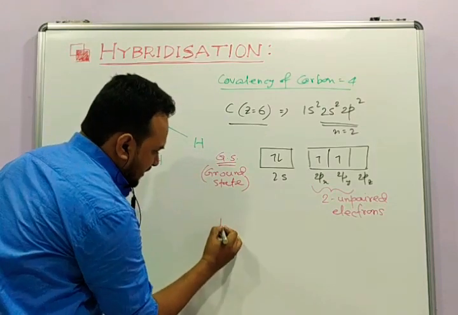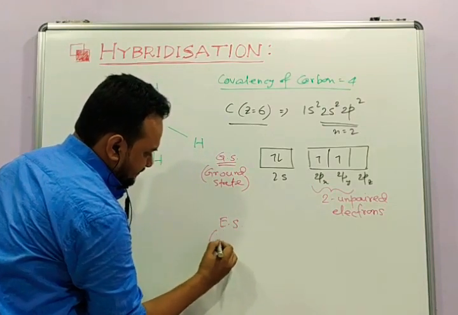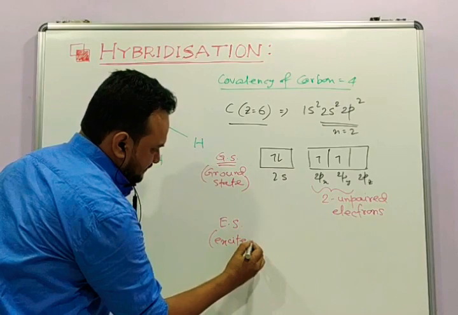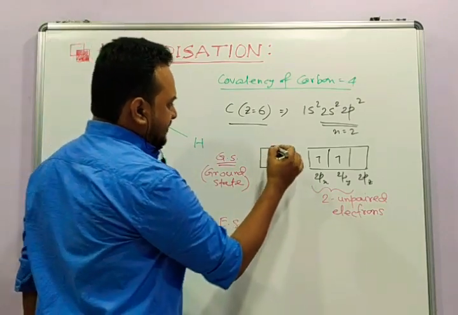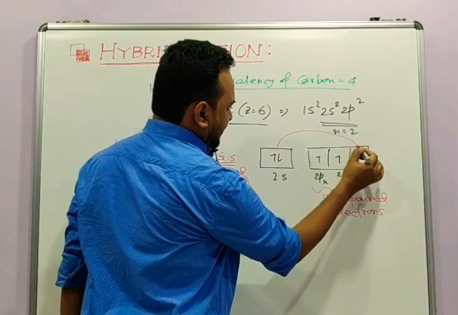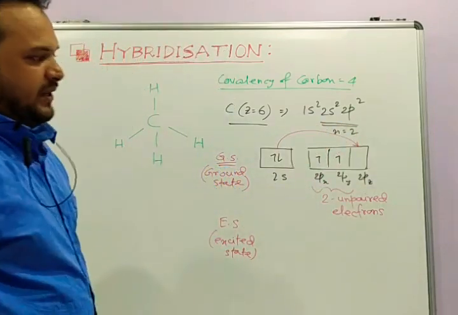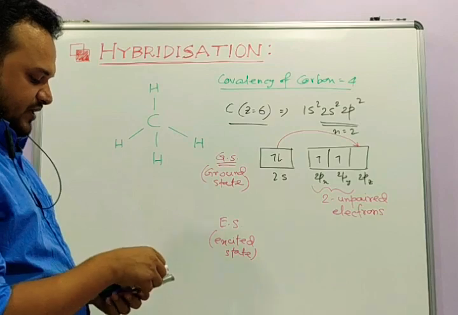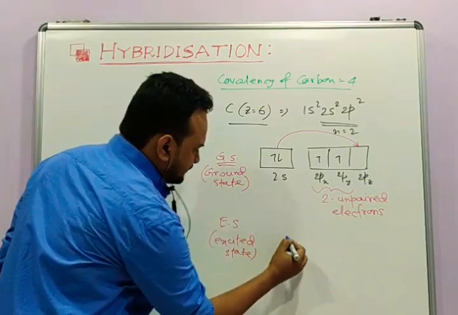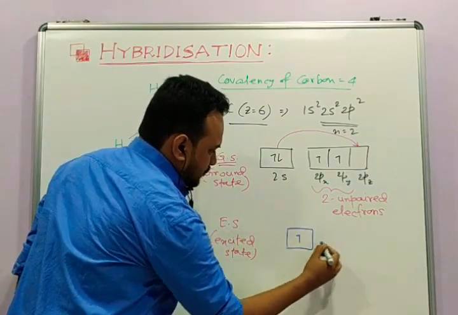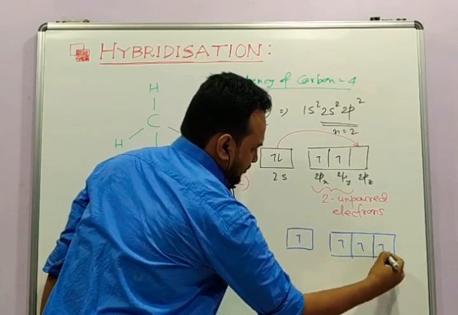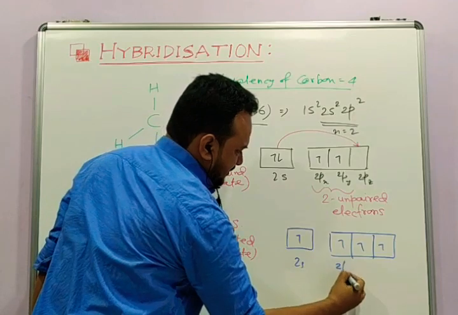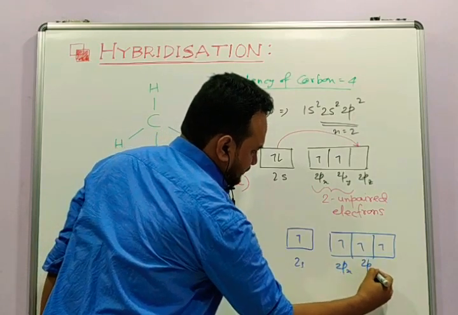In the excited state, one of the 2s electrons is promoted to the 2pz orbital, and the configuration becomes 2s1, and in each of the 2p orbitals there is 1 electron.